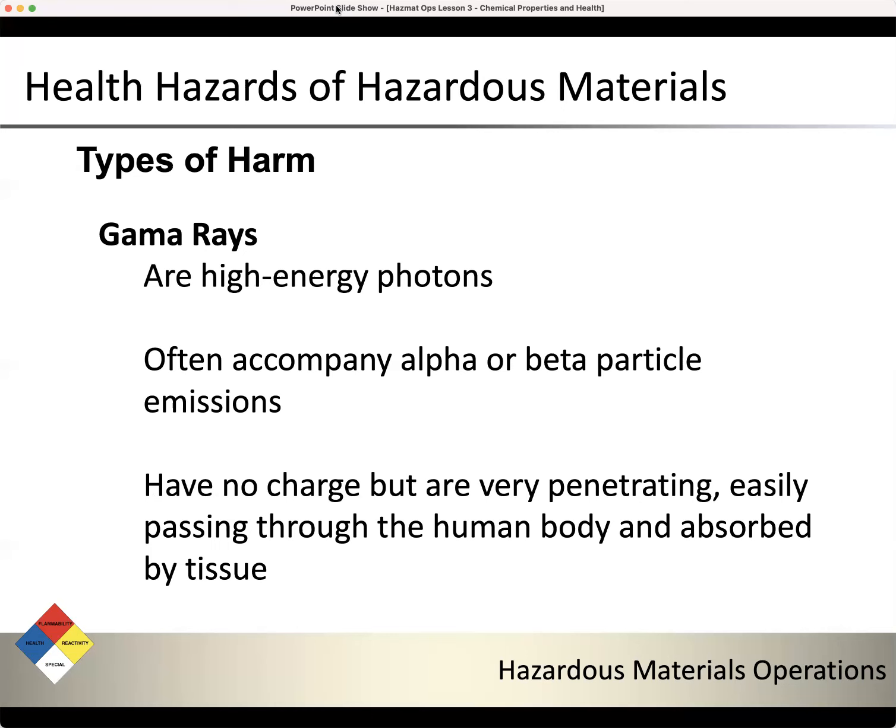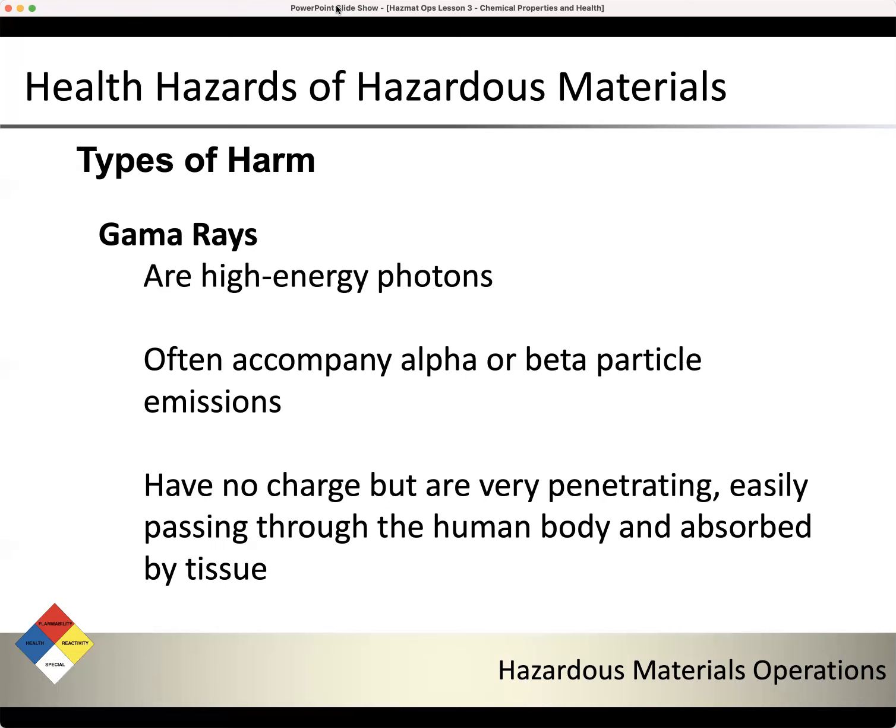Gamma rays are very small, even smaller than the electrons. When a gamma ray encounters an atom, relatively speaking, an atom is mostly space. So most of the time, that gamma ray just passes right through the atom.